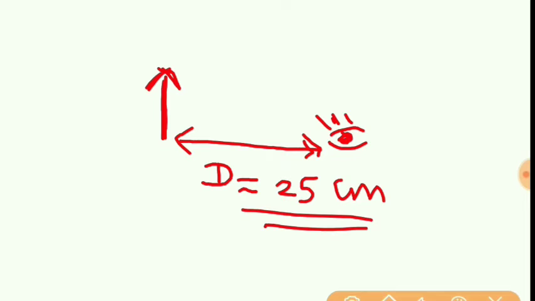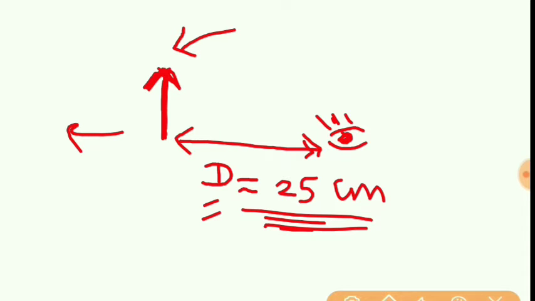If this object is kept at 25 centimeter or away from it, then you can observe this object clearly.